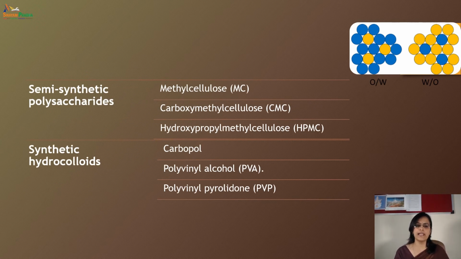Semi-synthetic polysaccharides include methyl cellulose and other cellulose derivatives like CMC, carboxymethyl cellulose, and HPMC, hydroxypropyl methyl cellulose. Synthetic hydrocolloids are carbopol, PVA and PVP. These are also emulsifying agents.